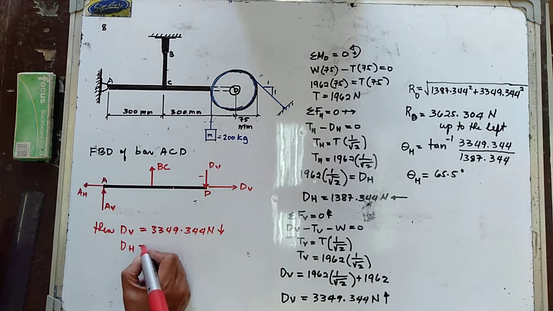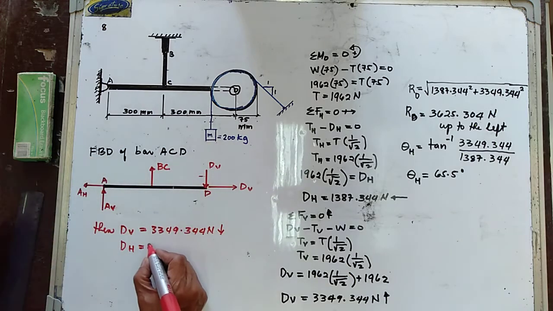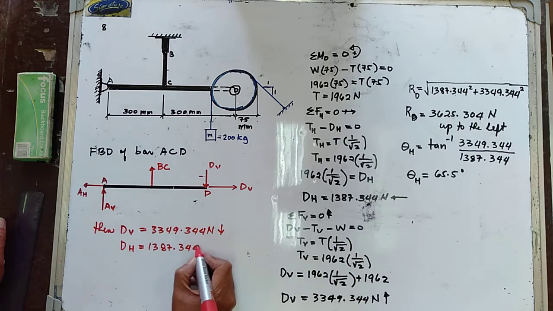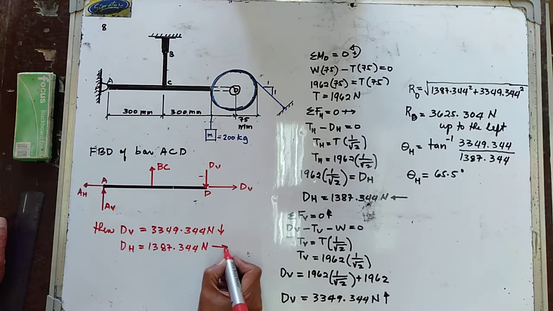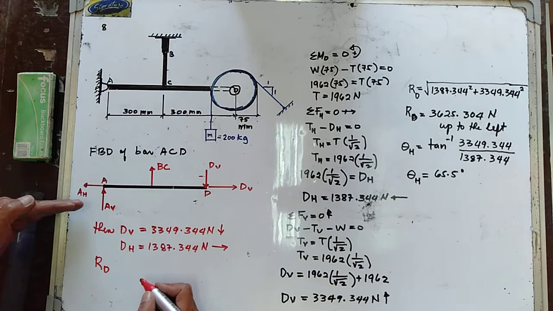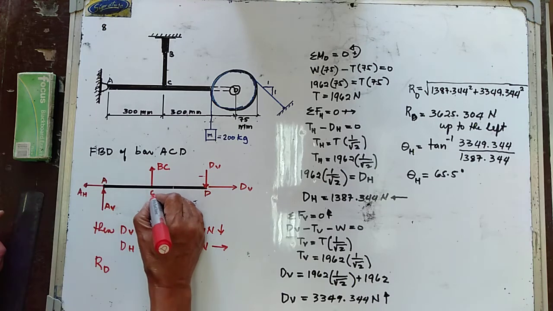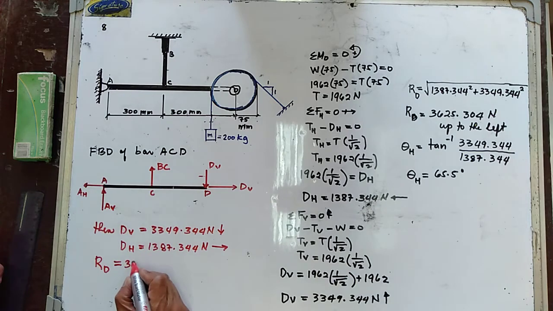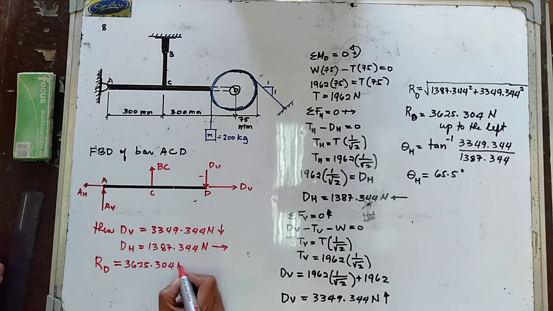And your D horizontal is equal to 1387.344 newtons, and this goes to the right. Hence, the reaction at point D as it acts upon bar ACD is now equal to 3625.304 newtons. This is down to the right.